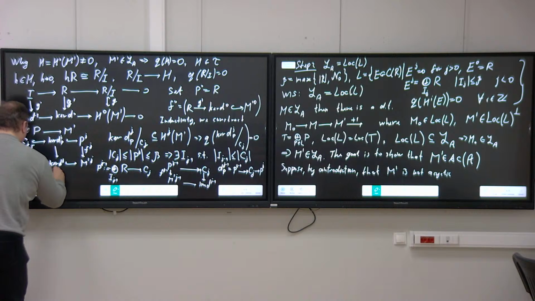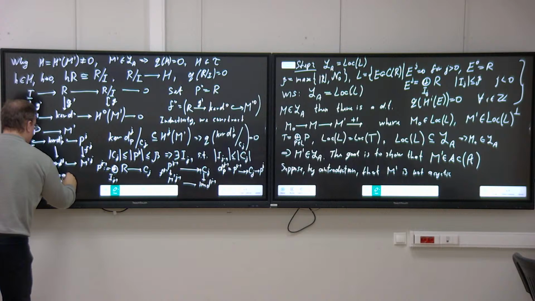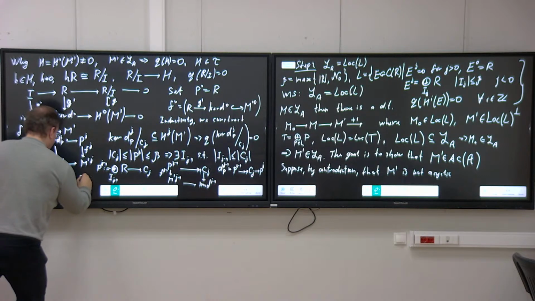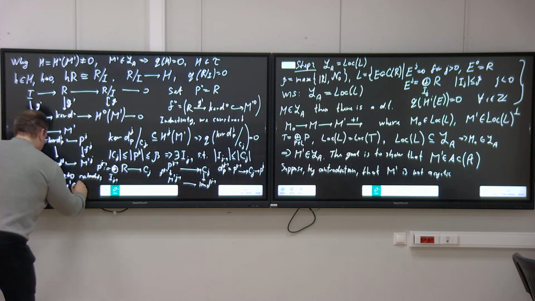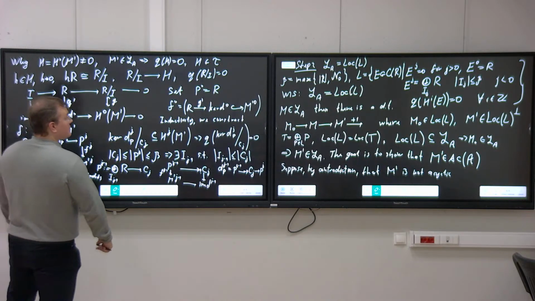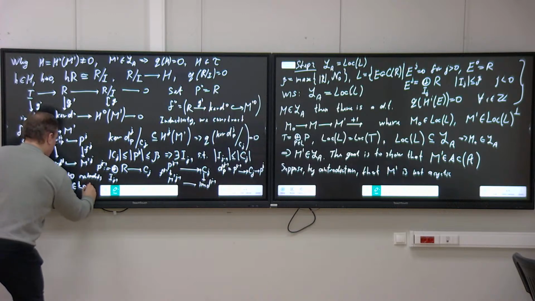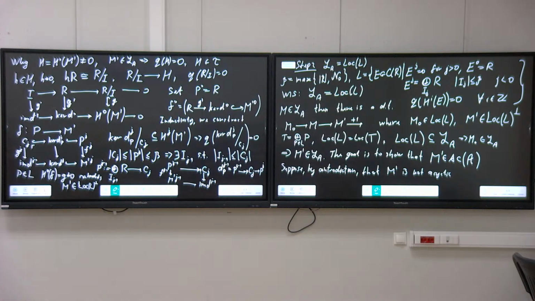zero is the homology of this F. So this will be the map G that we started with here, right? So this is G which is not equal to 0. But this contradicts the fact that the M prime is in the right orthogonal to L. So on one hand we know that the M prime is there, right?